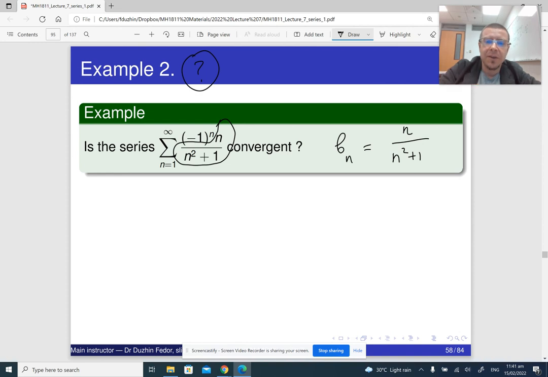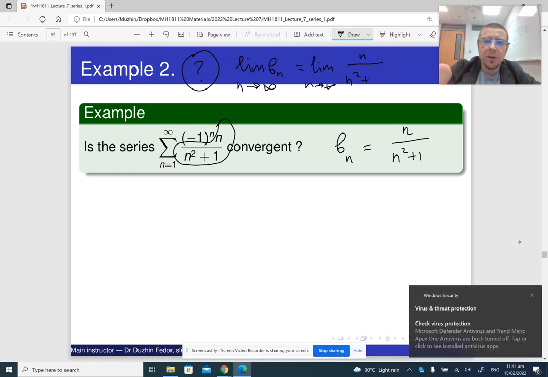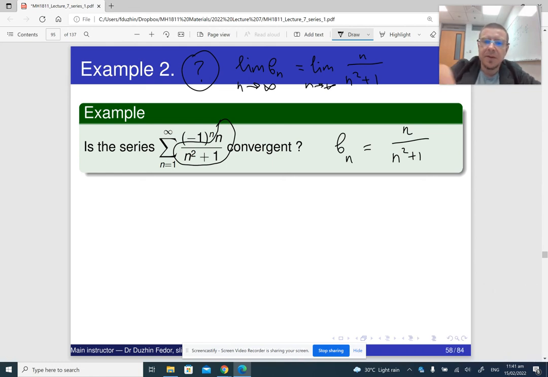One is that the limit of bn as n goes to infinity is 0. So we have the limit as n goes to infinity of n over n squared plus 1. The method to do it, I hope you still remember, is we choose the largest power in the numerator and denominator and divide both by the largest power.